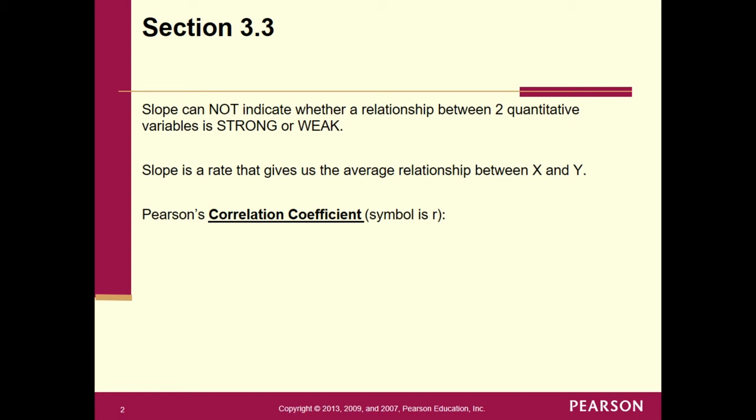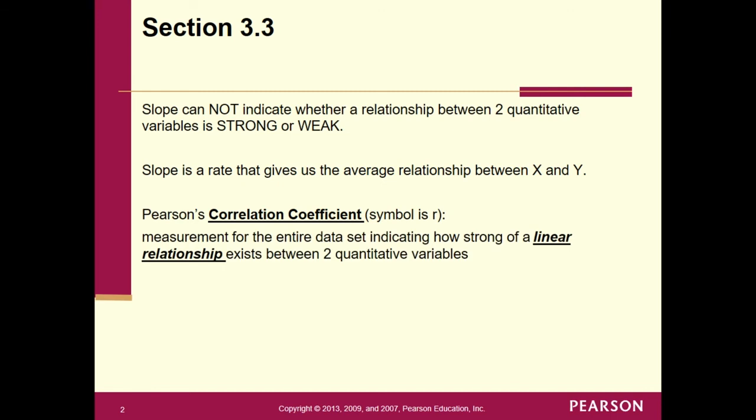The symbol we give the correlation coefficient is R, and it is a measurement from the entire data set indicating how strong of a linear relationship there is between two quantitative variables. So if you have a parabolic relationship, you're not going to use the correlation coefficient to figure out its strength. The relationship has to be linear, able to be described by a line.